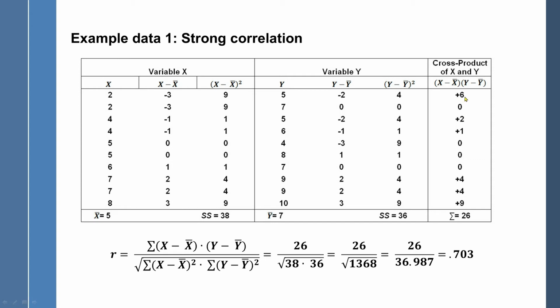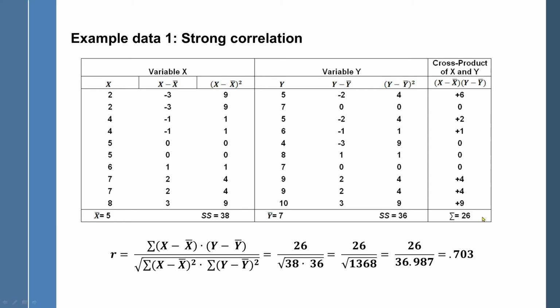The important point is that the signal has to be large relative to the amount of noise that you have. And you can see that that is the case here with a correlation coefficient of 0.703, which would be considered a very large correlation. 0.1 would be small, 0.3 would be medium, 0.5 would be large, following the benchmarks put out by Jacob Cohen many years ago.